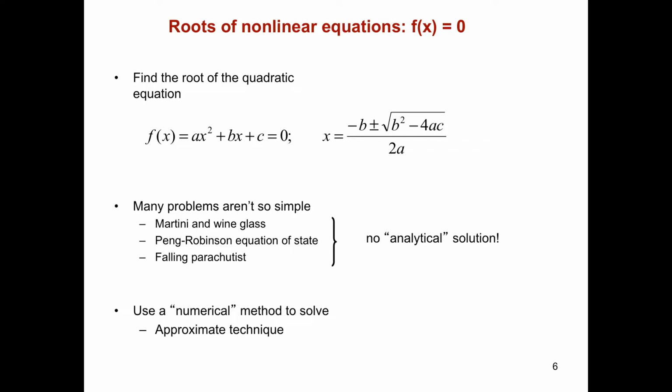Every time you use a numerical method, you will not find a precise solution. You will be close, and you care to be close enough, and for most applications, being close within a certain error is fine. So with numerical methods, you're always finding an approximate solution.